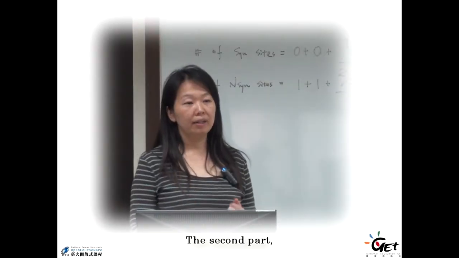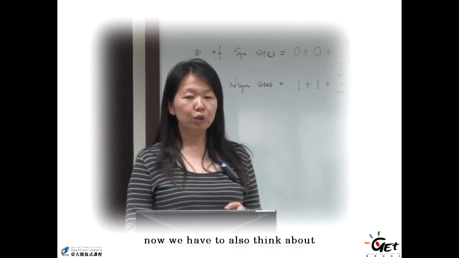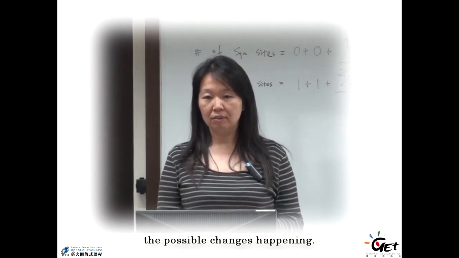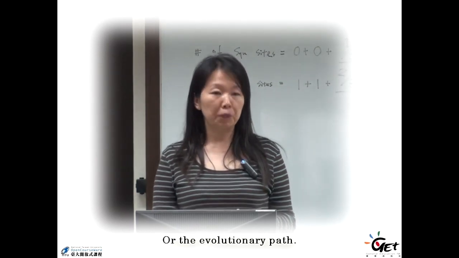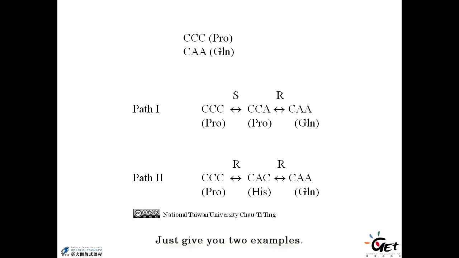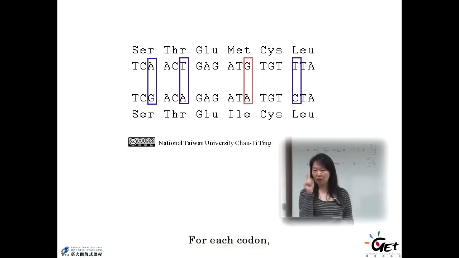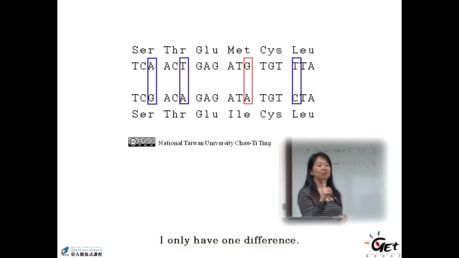The second part, now we have to also think about the possible changes happening, or the evolutionary path. Just give you two examples. If a codon, so in the previous slide, this is a very simple version. For each codon, I only have one difference. So that's very simple.